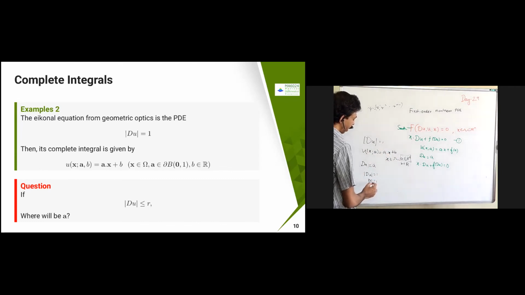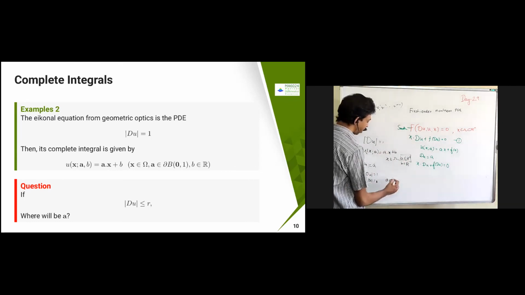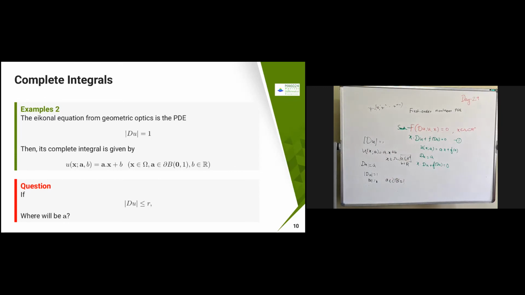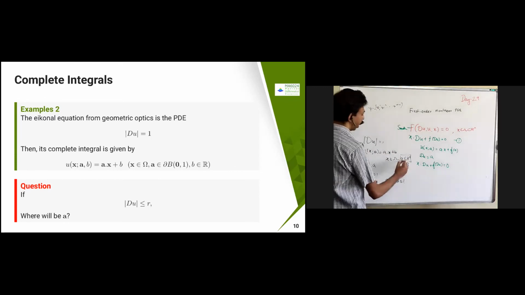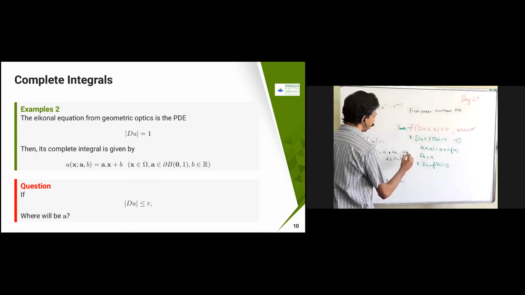That means a is in R^n, but |a| should be equal to 1. So in that case, a should be on a sphere of radius 1 with center 0. So a belongs to the sphere of radius 1 centered at 0, so I'm just going to replace this with a belongs to that sphere.